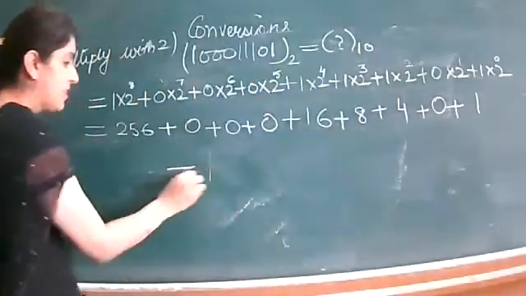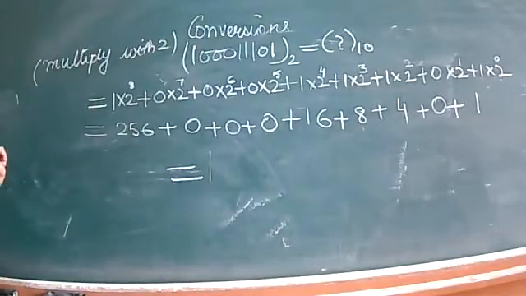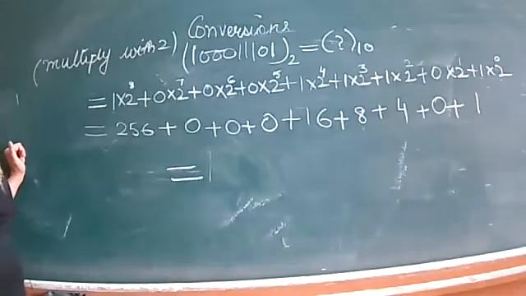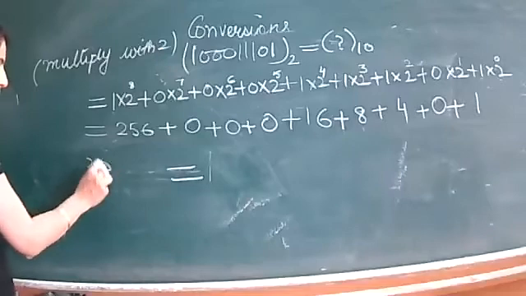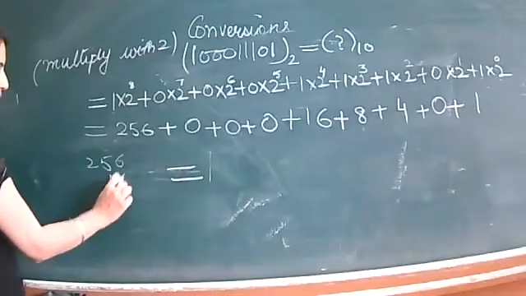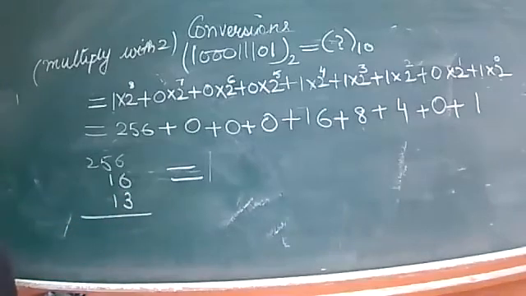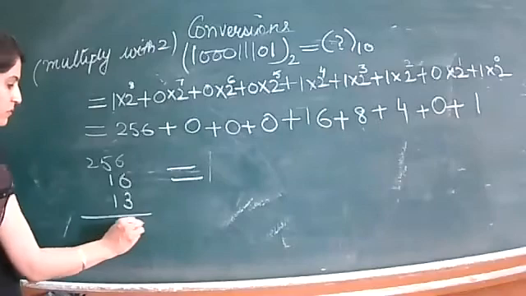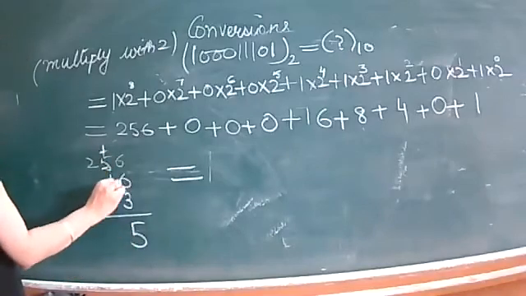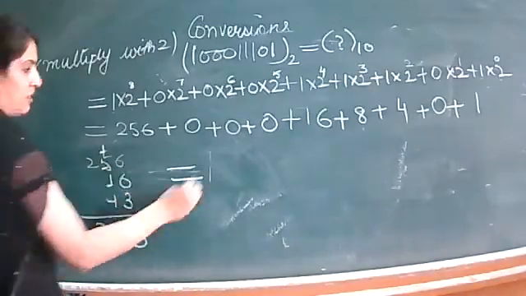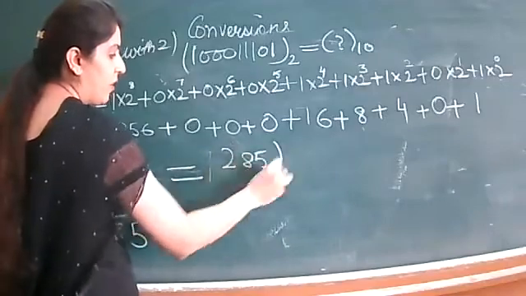Now simply add this and get the answer. Tell me the answer now. 256, 16 plus 13, so that is equivalent to 285.